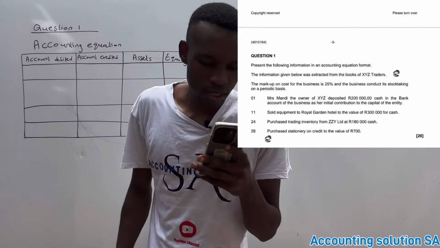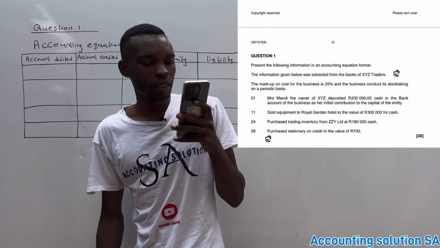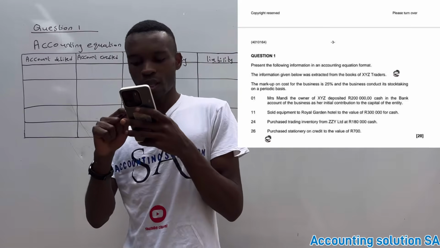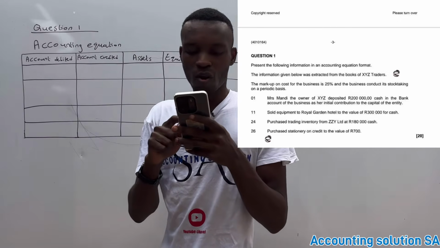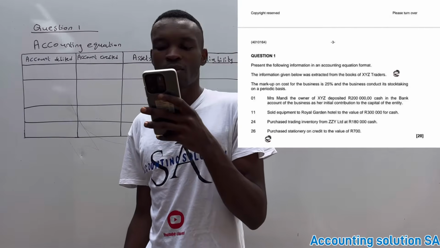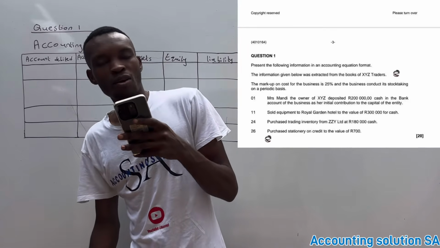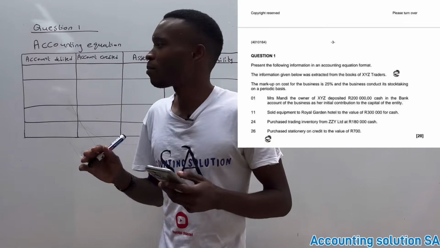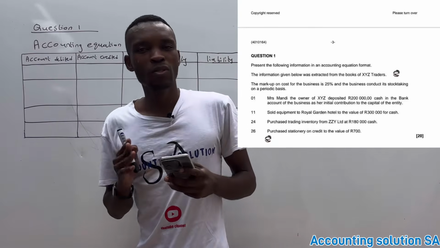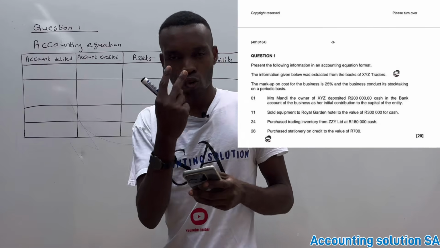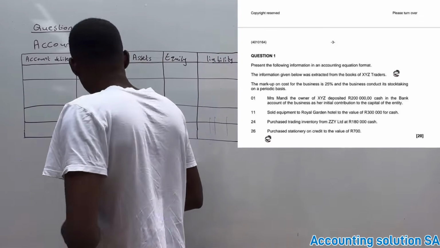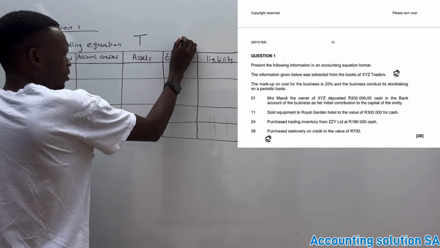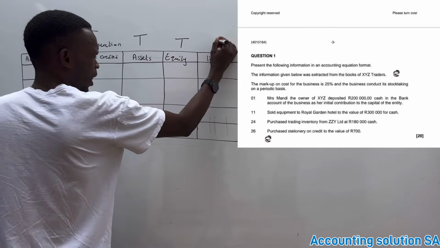Okay, number 1, they said Mrs. Mandy, the owner of XYZ, deposited an amount of 200,000 cash in the bank account of the business as her initial contribution to the capital of the entity. So remember, each and every time when you are preparing the accounting equation, make sure that you are able to identify two components. Components can be either asset, equity, or liability.